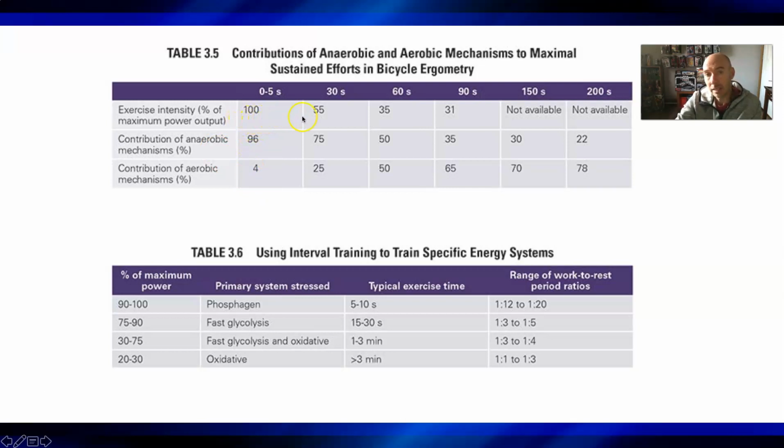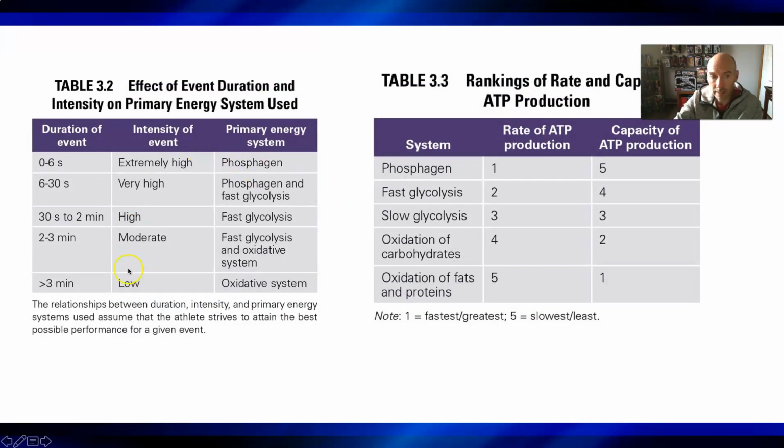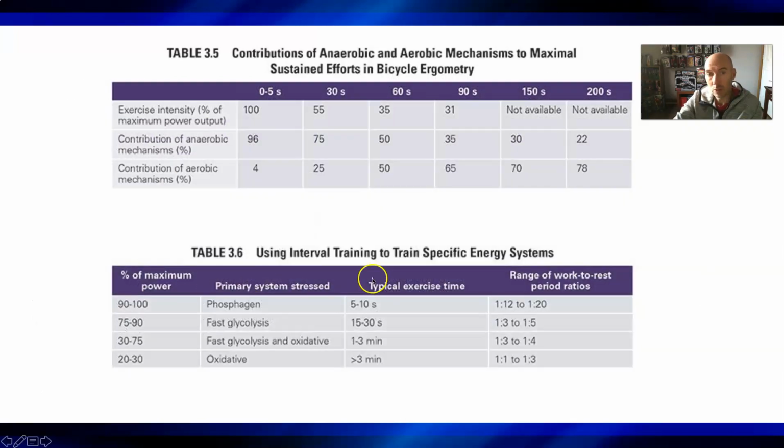As the activity proceeds in duration, exercise intensity is going to drop because our anaerobic capacity to produce ATP is going to fall. At the same time, our aerobic contribution is going to increase. But as we saw on this page, if we jump back real quick, intensity of events that rely on the oxidative system are low, which is why we see the intensity up here start to drop, okay?